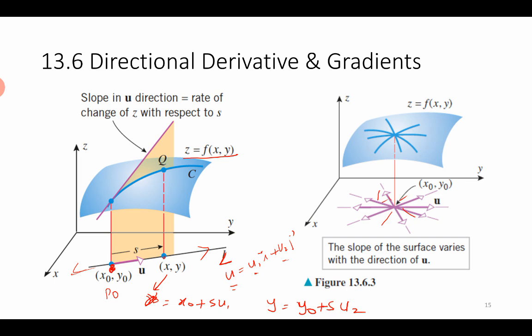When s is 0, you will get (x, y) equal to (x0, y0). So we should remember that since u is a unit vector, s is the arc length parameter that has its reference point at (x0, y0) and has positive values in the direction of u.